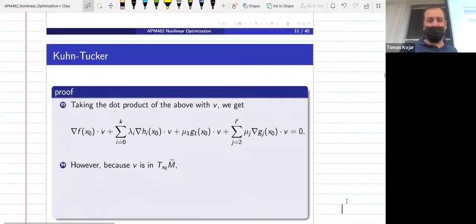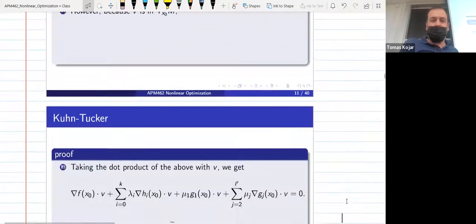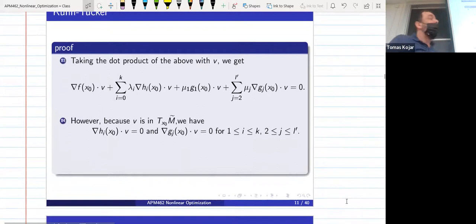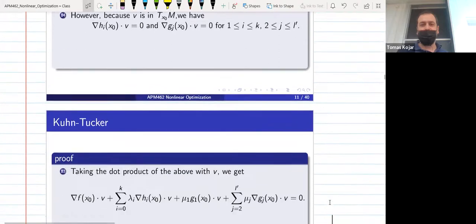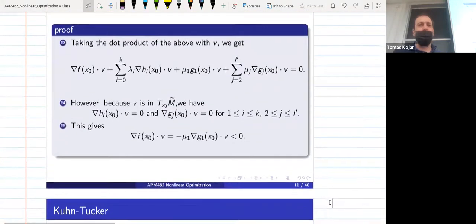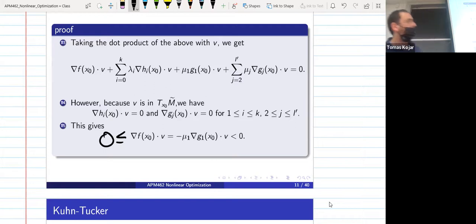Our v was in this tangent space, so all these guys are dead. So at the very end, you're left with this condition. This guy on the left is non-negative.